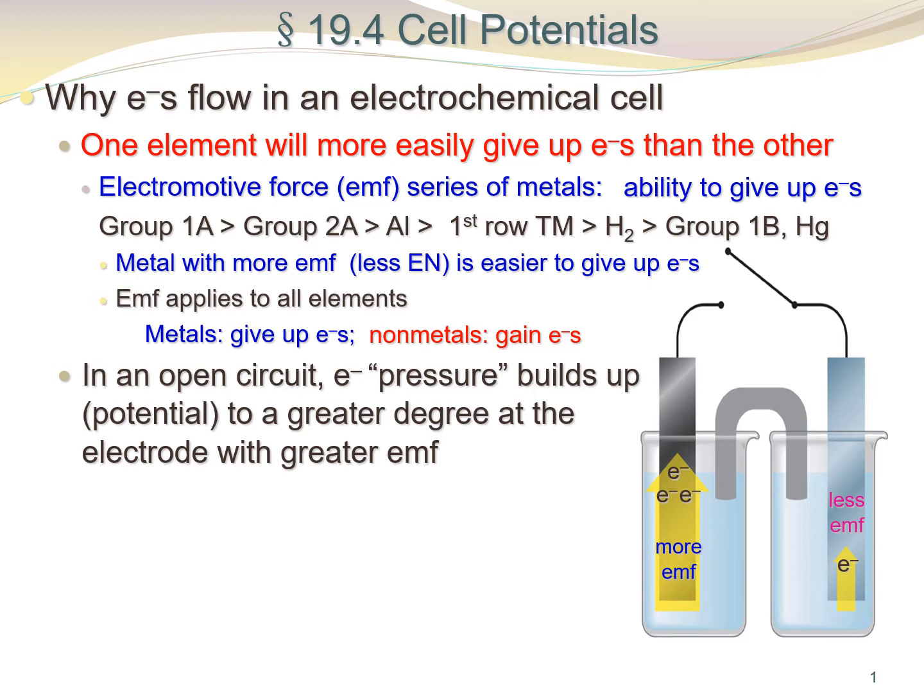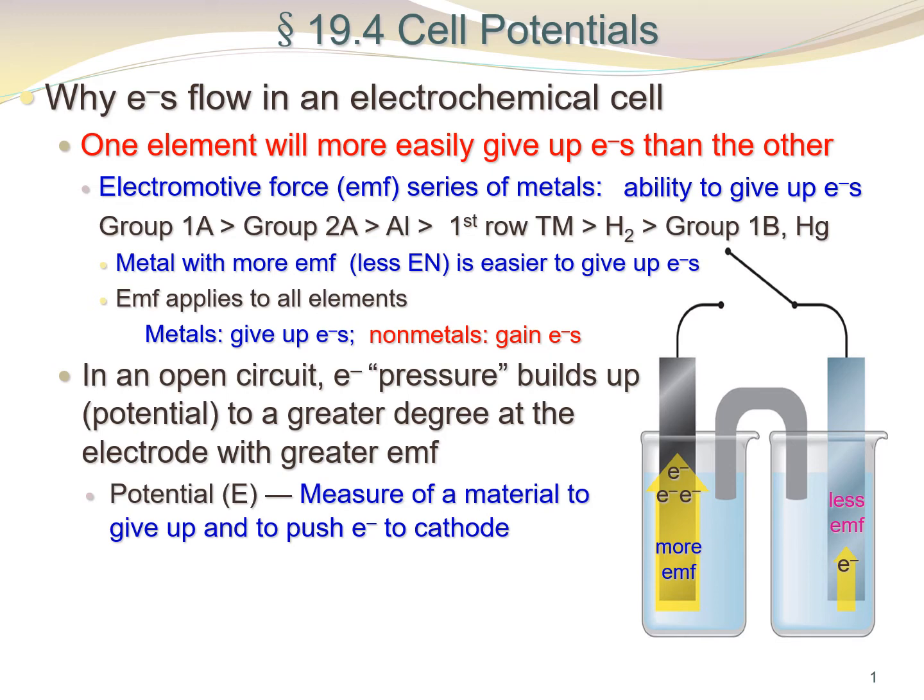The greater the push, the greater the pressure, and it can be considered as the greater the potential. So the potential here is a measurement of a material's ability to give up and push electrons to the cathode.